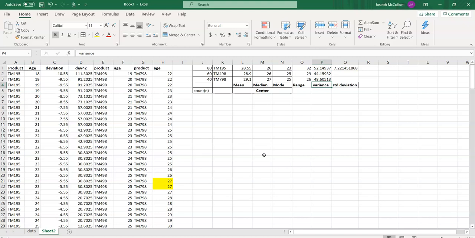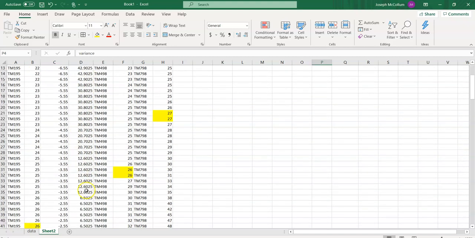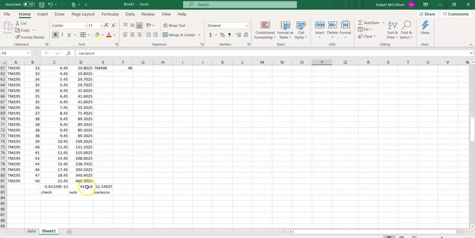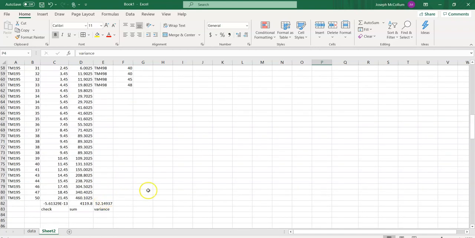It is the average of the squared deviations. It really is a measure of spread because we're looking at how far each data point deviates from the average. We have to square it to make sure we get some kind of value that makes sense. When we sum this up, we're getting close to an average. So if we divide by n minus 1, we are really getting a so-called average.